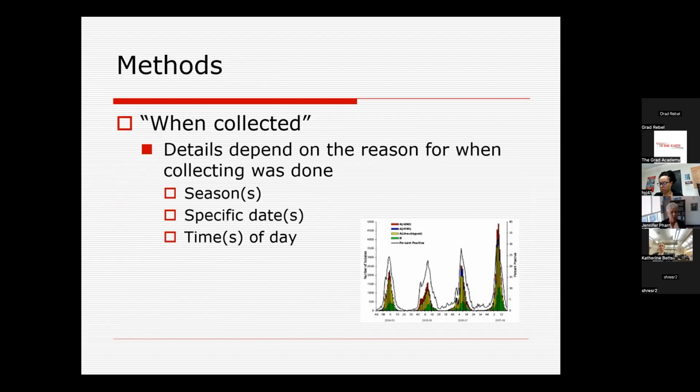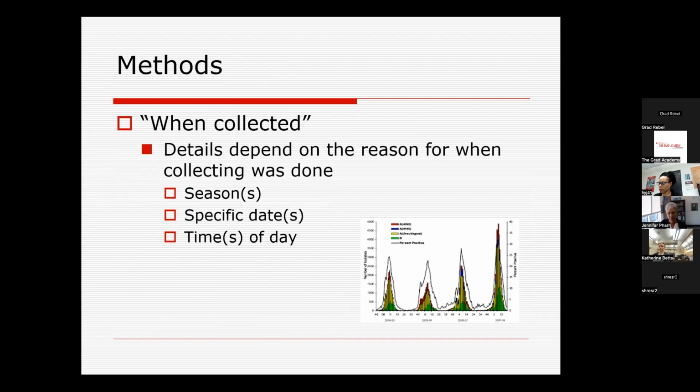You want to talk about when you collected your data, and details depend on the reason for when the data were collected. So did you collect your data during a specific season? If I'm collecting pollen, maybe I'm collecting it during the spring, right? Because that's when pollen is the highest. If I'm collecting data about the flu, maybe I collect it on an every winter basis.